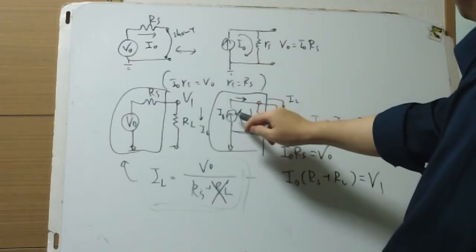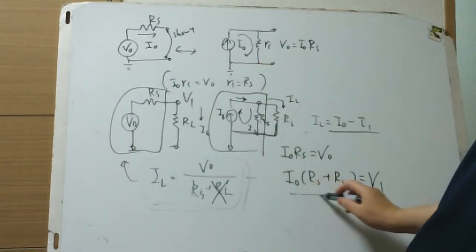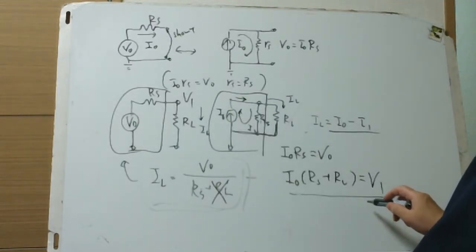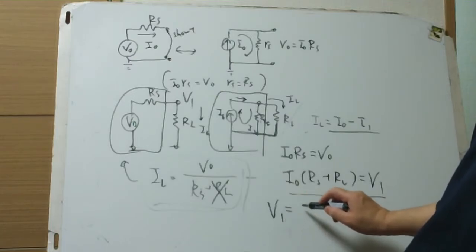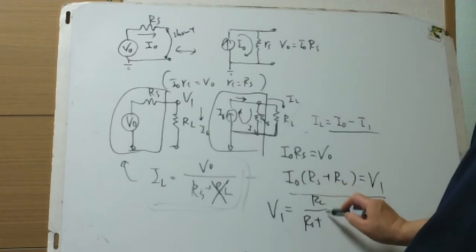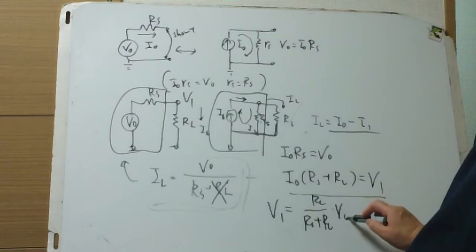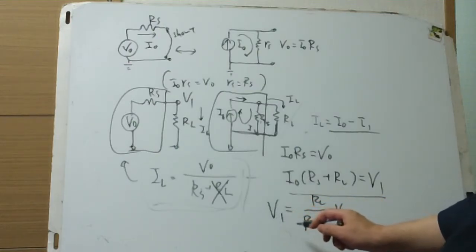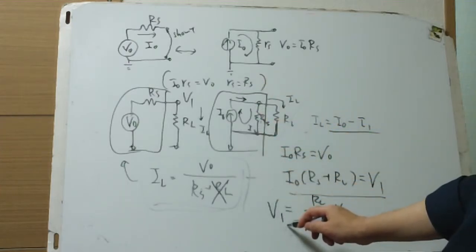I1 equals, this is IO, and V1 equals actually RS plus RL divided by RS plus RL times VO. The voltage divider, voltage divided by RL and RS equals V1.